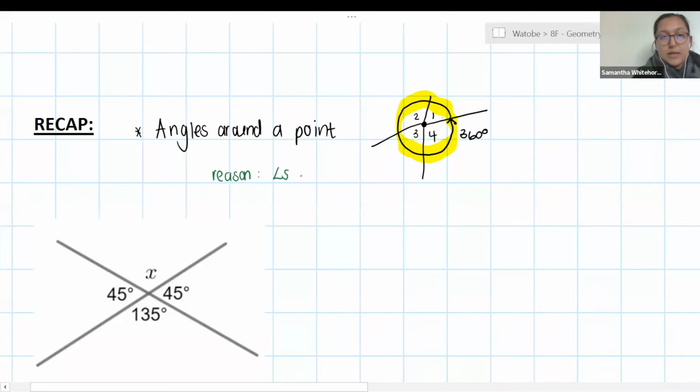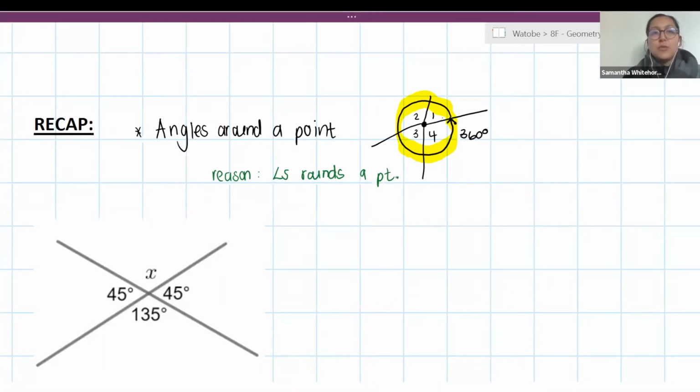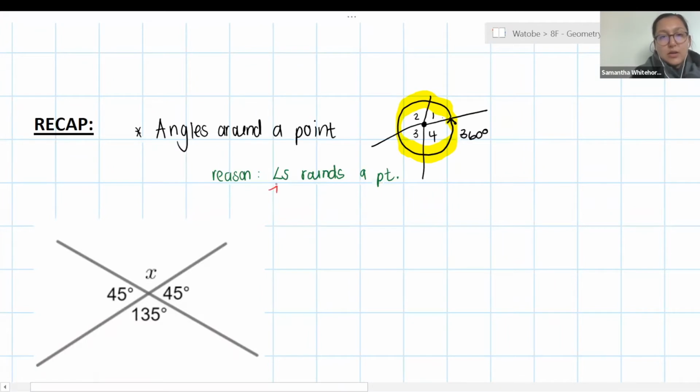What's nice in maths is you don't have to write out full sentences, and you can use symbols and abbreviations. This little symbol over here means angles, and you can use that abbreviation at any point. And this PT is point. So angles around a point is the reason that we spoke about on Monday.